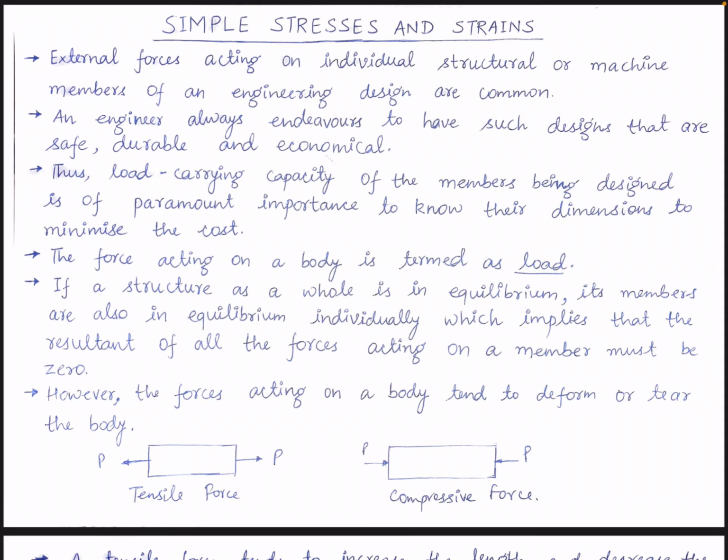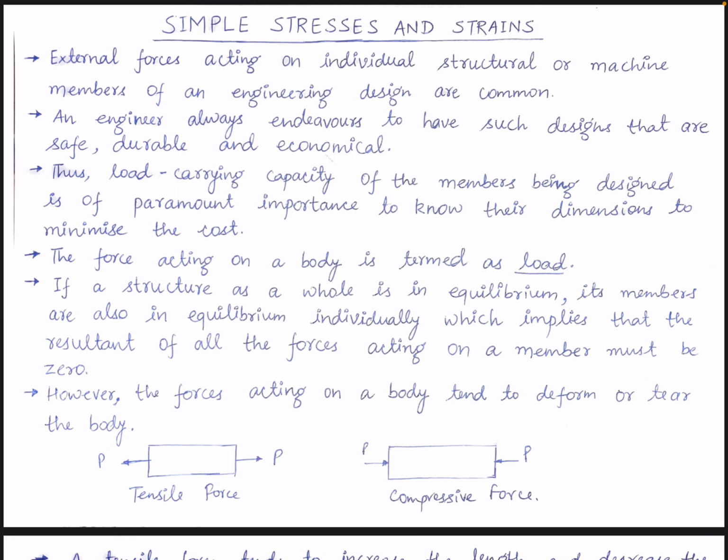So today we are going to start our new and the last unit, that is simple stresses and strains. In most engineering cases we will have external loading. How this external loading is going to affect our structure, we will see in terms of stress.